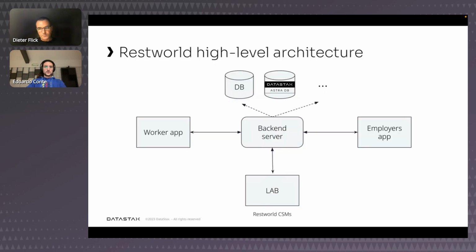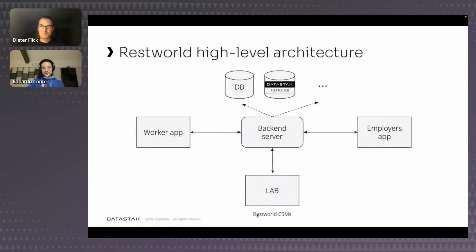I just wanted to give you an overview of what our service, our platform looks like, so that we are everyone on the same page, and what comes later is maybe easier to understand. So as you can see from this picture, we have one application for the workers, the job seekers, another application for the employers, and we have this application which we call Lab.